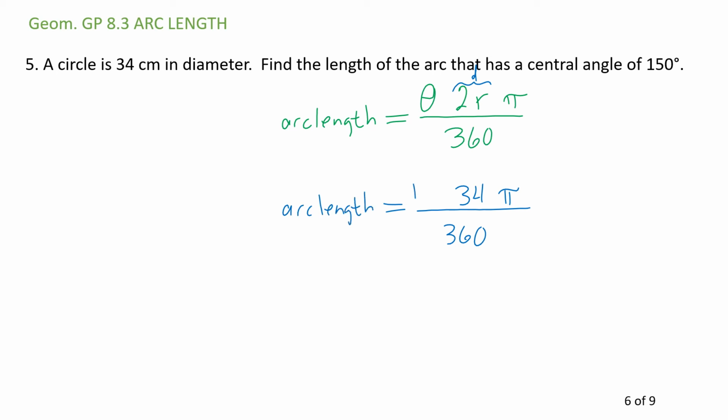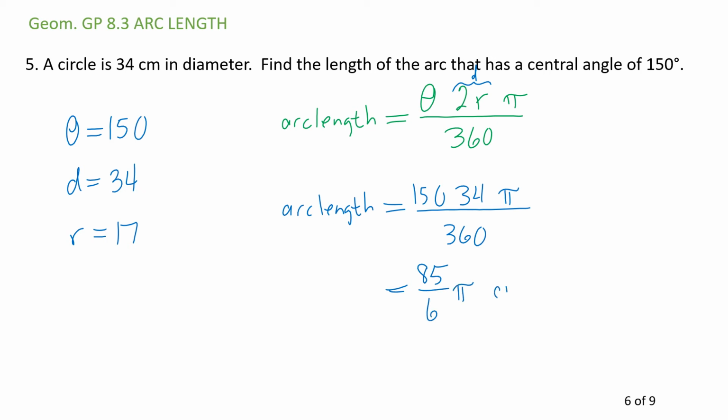Find the arc length. That's what I'm trying to find. If the central angle is 150, I didn't realize it was that basic. So theta, the central angle, is 150. The diameter, they told me, was 34, which means that the radius is 17. But you multiply that back and just plug it in. 150 times 34 gives me 85 over 6 pi, 44.5.